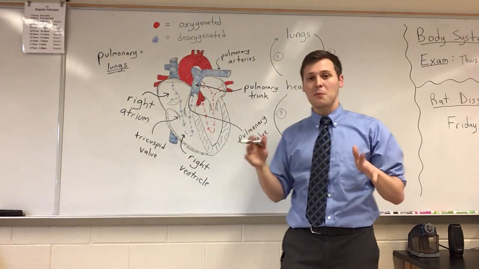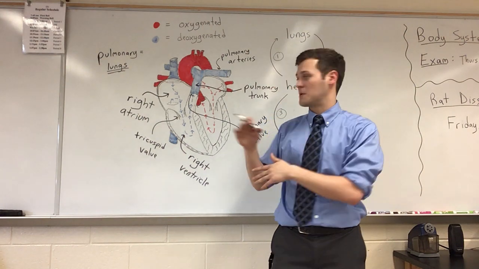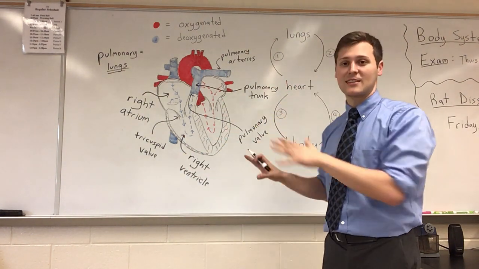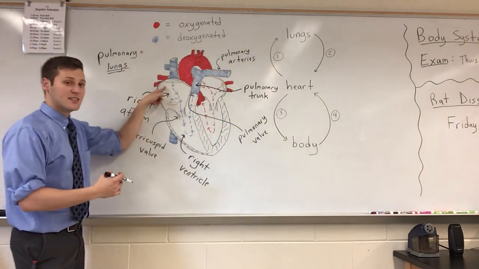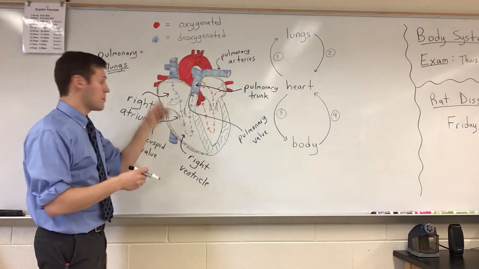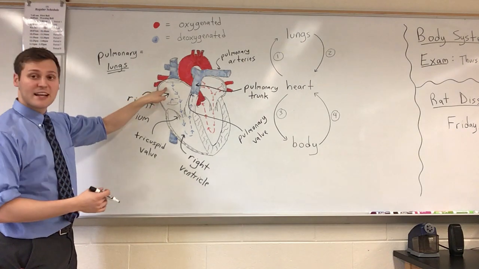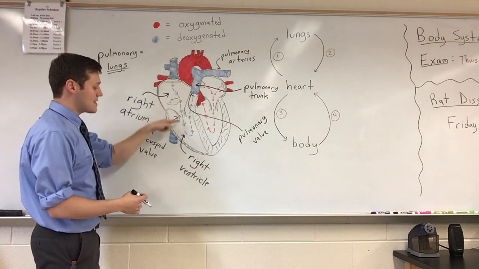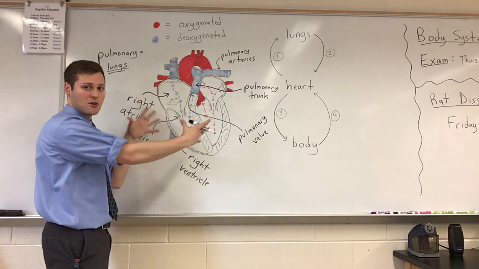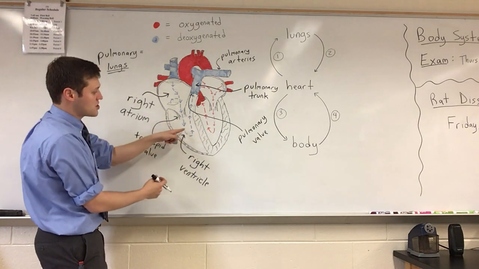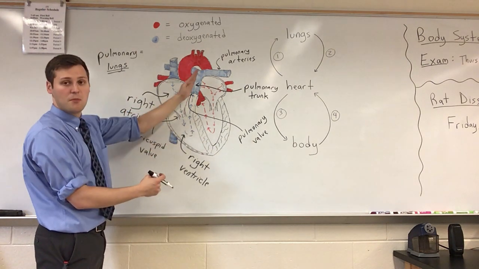So I'll stop the video here, just because I don't want our labeling to get too crazy, but as a recap, we have deoxygenated blood coming from the body into the right atrium. It then passes into the right ventricle. The ventricles contract, so the heart beats. It pushes blood towards the pulmonary trunk.